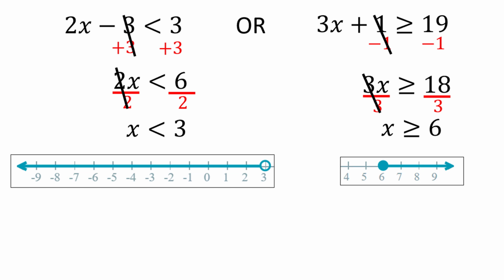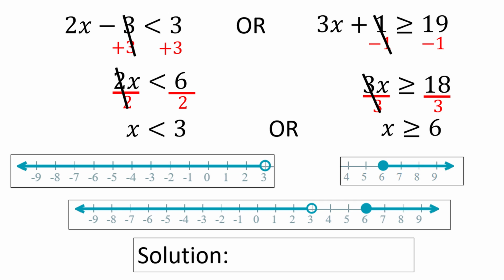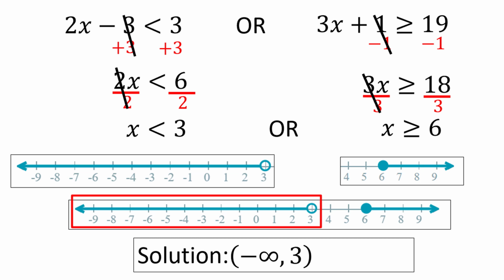Since our statements were joined by an OR statement, our solution is the area that is part of either the first or second graph, which looks like this. Since this is not a single continuous interval, we express this as the union of two separate intervals. The first interval goes from negative infinity all the way up to 3.